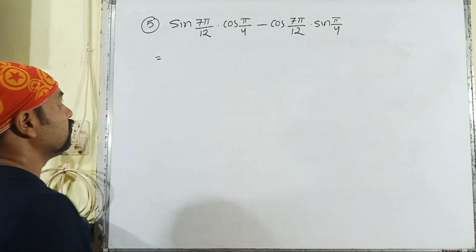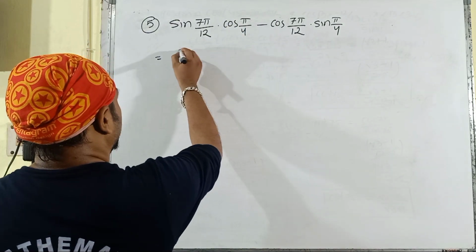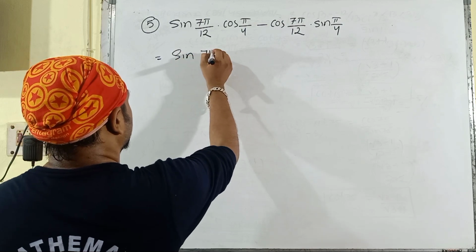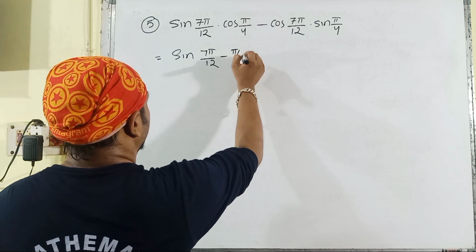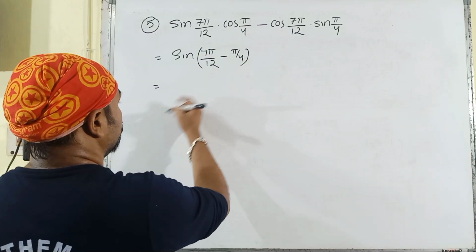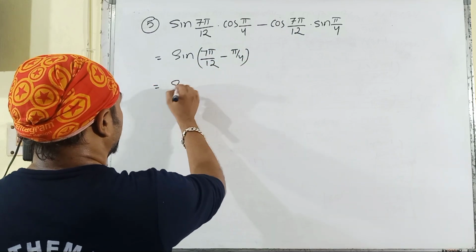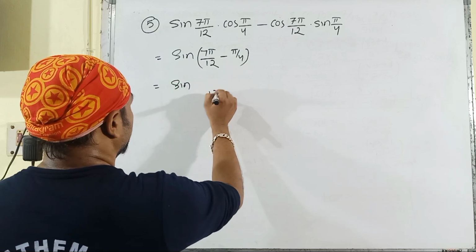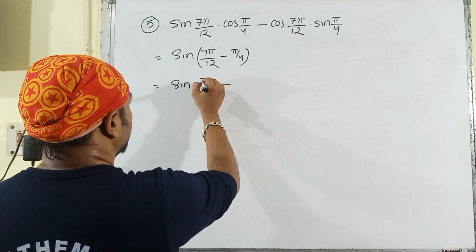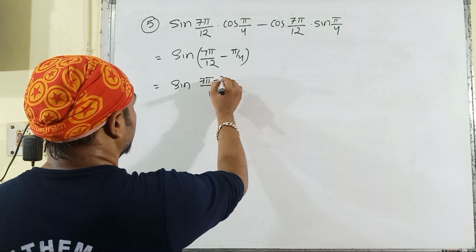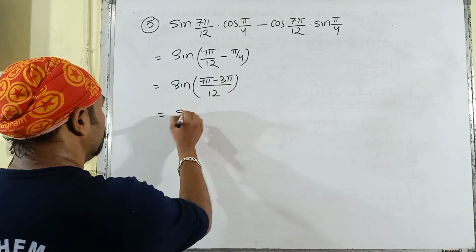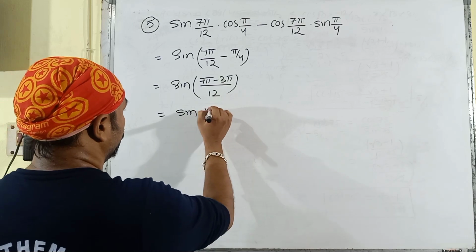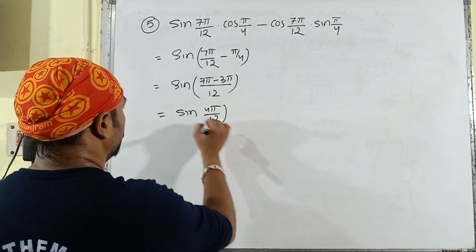So let us apply this trigonometric formula, and that is sin(7π/12 minus π/4), and this will be sin((7π minus 3π) divided by 12), and that is equal to sin(4π divided by 12).